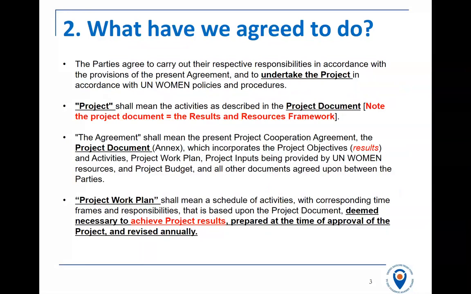You may have to revise your project plan. There may be unexpected things that happen year on year. And the results and resources framework is now a working document that at least once a year you can refresh. You might need to change something. You might need to delete an activity. You might need to add something. So this is a working document.